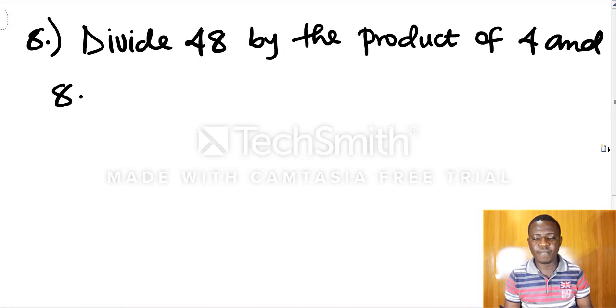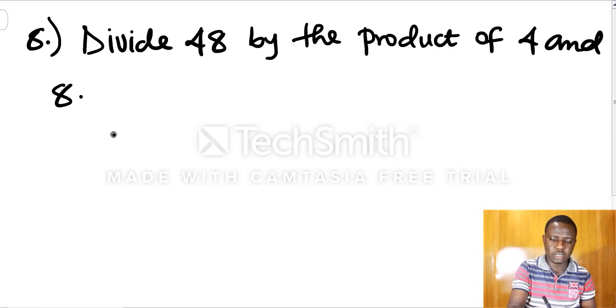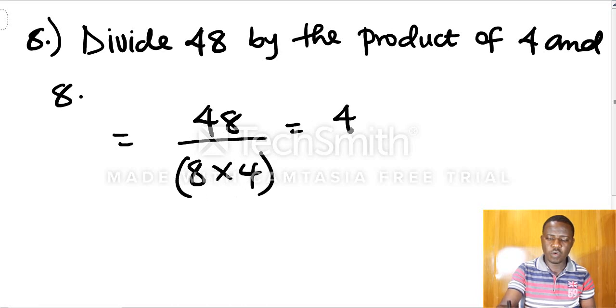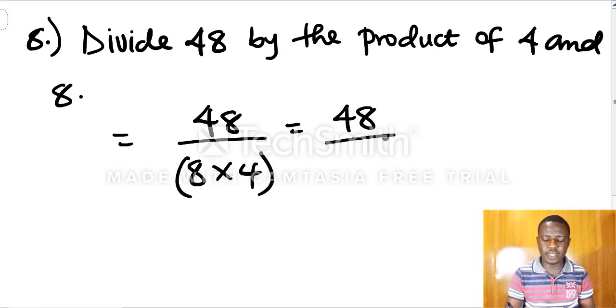Question 8 says divide 48 by the product of 4 and 8. That is 48 divided by the product of 8 and 4. So this is equal to 48 divided by 4 times 8, which is 32.